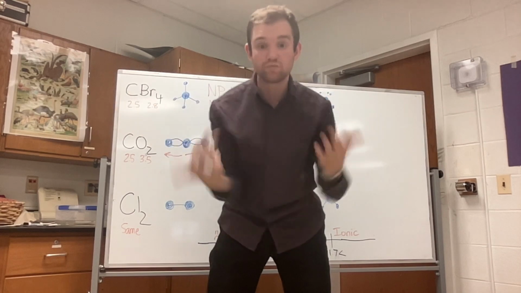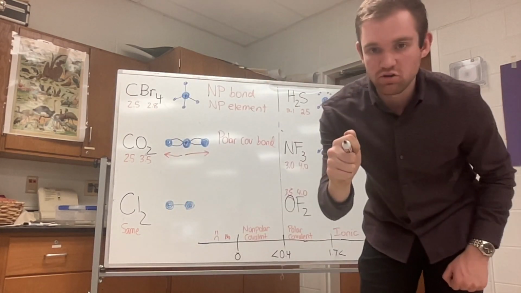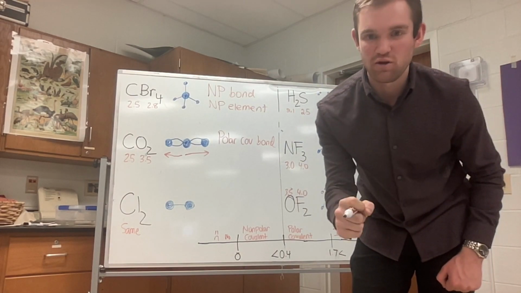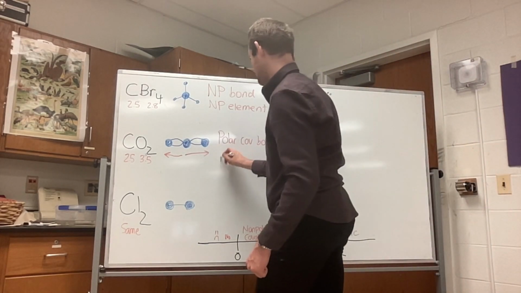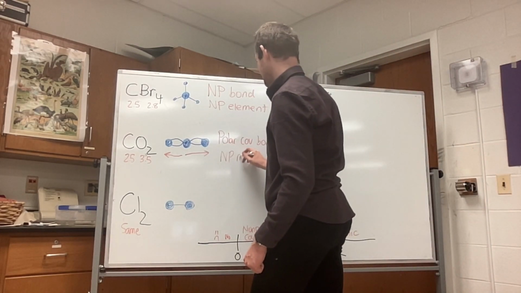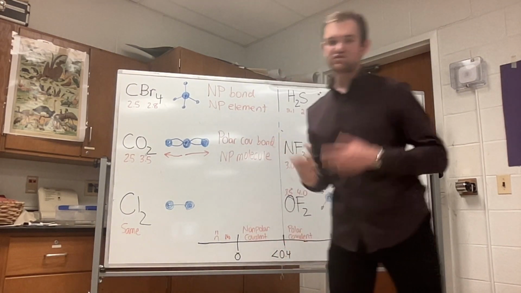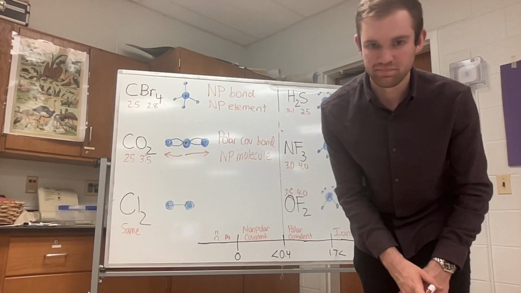I ain't moving. My arms might be ripped off, but I'm not moving. So we have polar bonds, but our molecule is very non-polar. So this right here is going to be a non-polar molecule. If you're linear, or some kind of symmetrical shape, you're going to be non-polar.